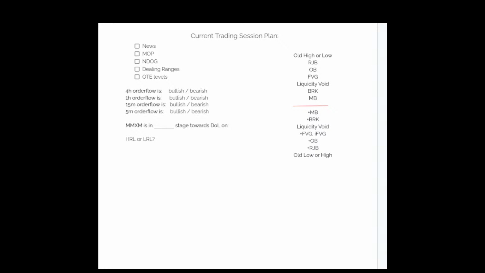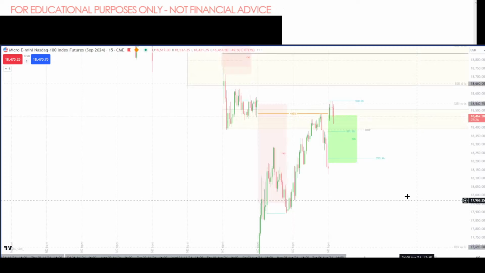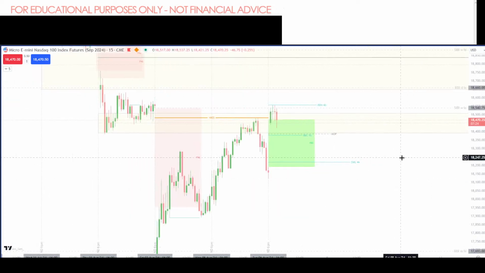The other thing I wanted to check quickly was the regular trading hours gap. All right, let's go look at the regular trading hours gap. All right, wow, okay.